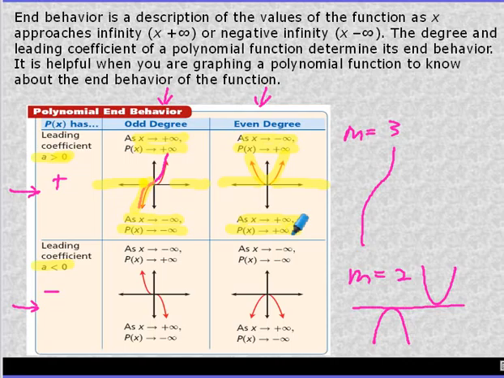All right, so what happens when the leading coefficient is negative? Well, you're basically flipping the graph. So on a cubic, or an odd degree graph, it's going to flip it from going in this direction to going in the opposite direction. It's kind of like a flip over the y-axis. So the squiggle is now reversed.